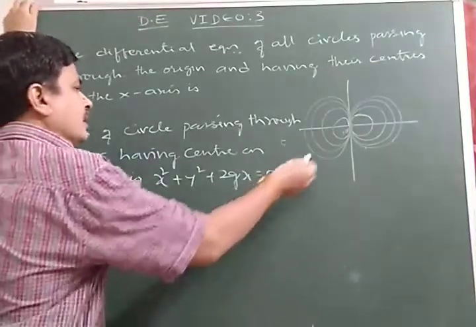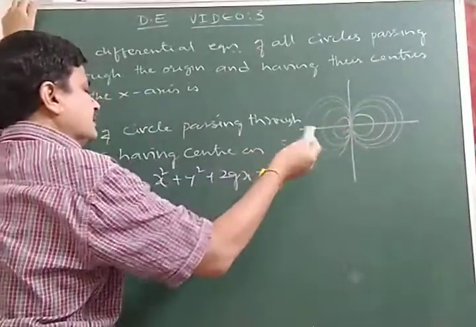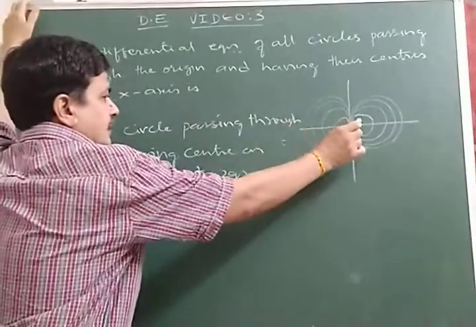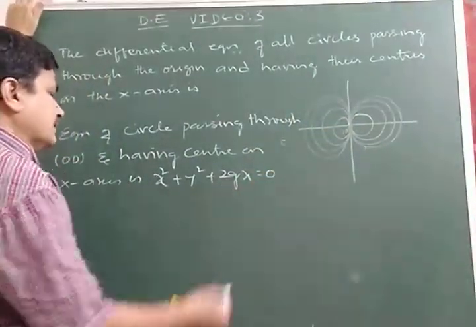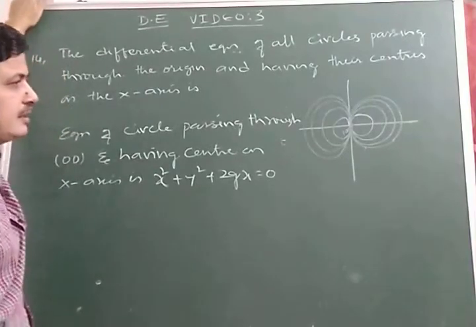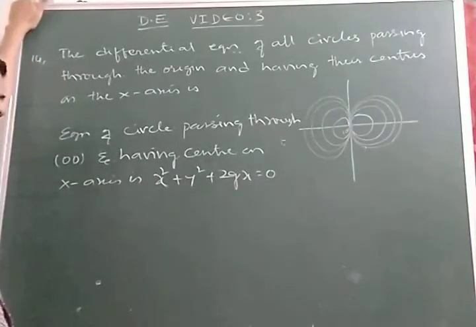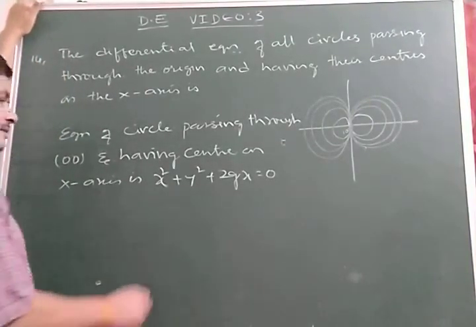Since the circle passes through the origin, c is 0, and the center lies on the x-axis, so the y coordinate is 0. So this is the required equation of the circle.